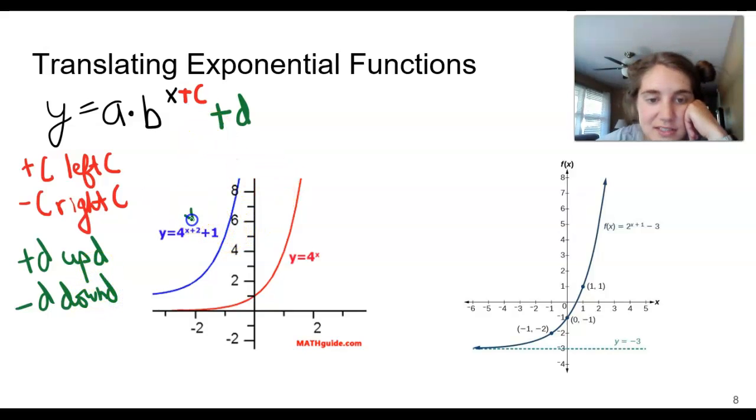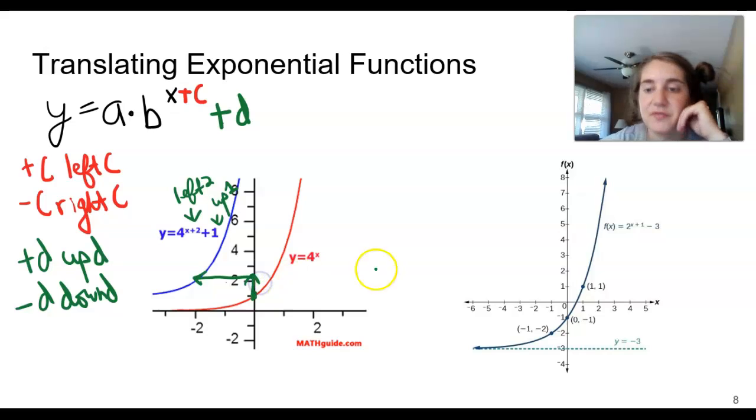So if I look at this, this plus 2 means left 2, up 1. I started here, I went up 1, left 2. And that's how that moved from there to there.